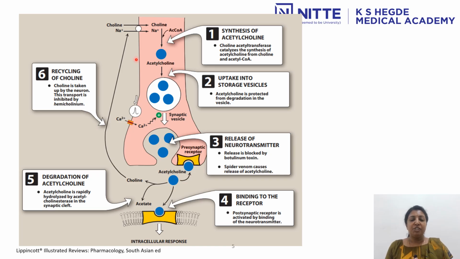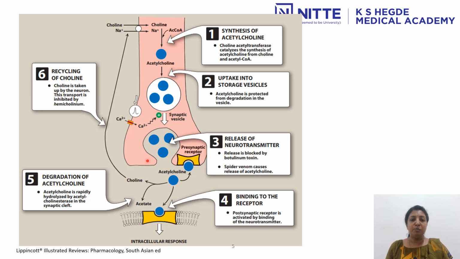When an action potential arrives at this cholinergic nerve terminal, there will be calcium channels opening and influx of calcium. Once there is influx of calcium, the membrane of the storage vesicles becomes unstable.